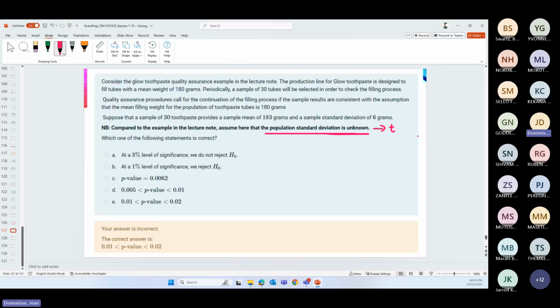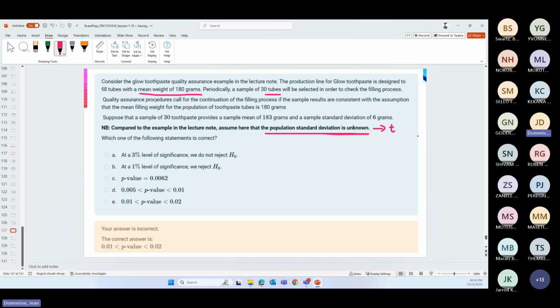So consider the Glow toothpaste quality assurance example. The production line for Glow toothpaste is designed to fill tubes with a mean weight of 180. Periodically, a sample of 30 tubes will be selected in order to check the filling process.